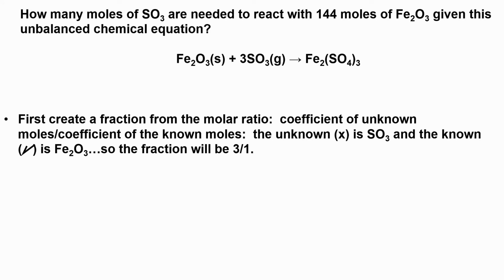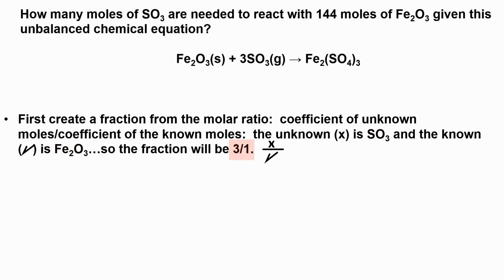First, create a fraction from the molar ratio. The coefficient of the unknown moles divided by the coefficient of the known moles, where the unknown is X, which is SO3, and the known is Fe2O3.